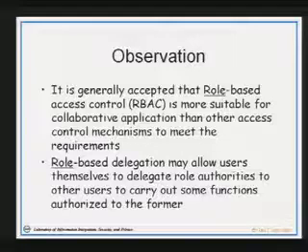So that was the conclusion. But we realized that role-based access control cannot support delegation. Okay? So role-based delegation may allow users themselves to delegate role authorities to other users to carry out some functions authorized to the former. So in other words, using role-based delegation, you can provide business continuity. Right?